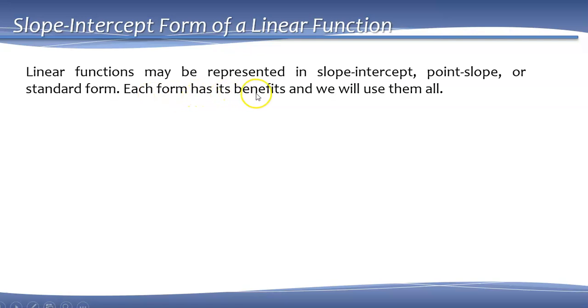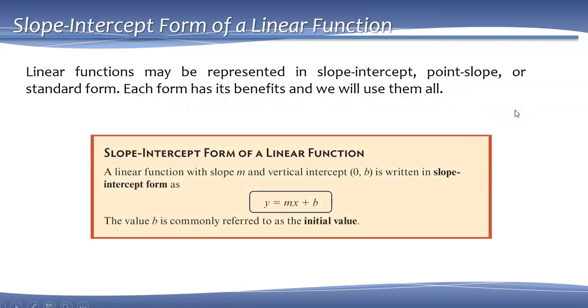Each form has its own benefits. So for the slope-intercept form, we can find that y is equal to mx plus b, where m is the slope, and here we're going to use the vertical intercept, (0, b). b is the y component of the vertical intercept, and b is commonly referred to as the initial value.